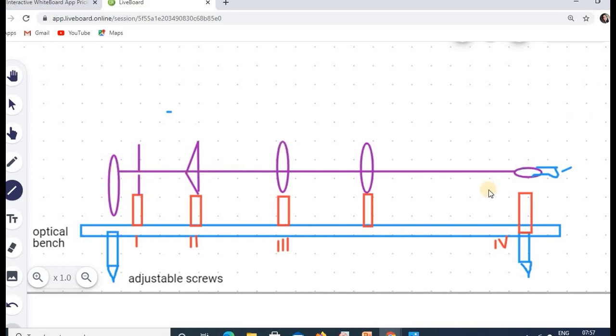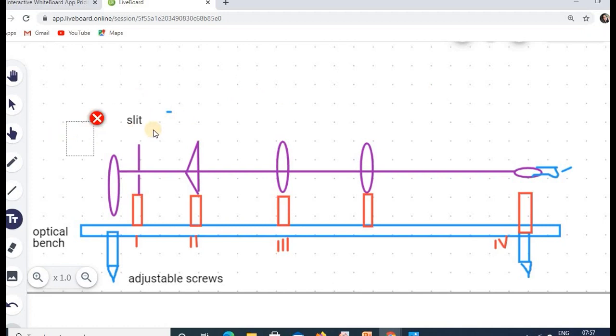Like we are having the eyepiece here, and it will be having crosswires, as you keep while doing the spectrometer experiment. We'll check whether our crosswires are vertical, and we are having the slit here, and I can name all of the things. Here I'm having the slit.